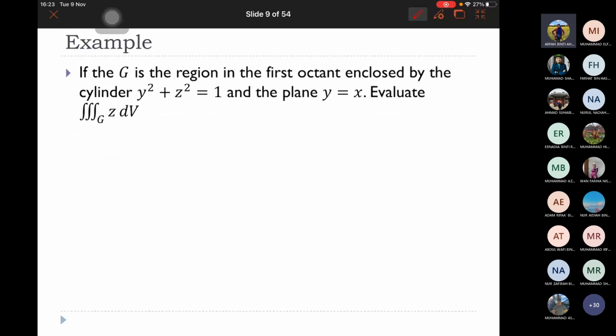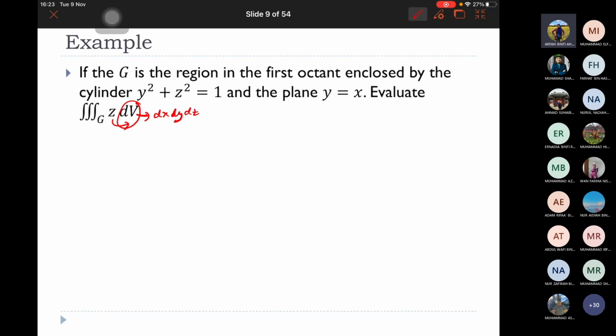If G is the region in the first octant enclosed by the cylinder, y squared plus z squared sama dengan 1 and the plane y sama dengan x. Evaluate the integration over the bounded region G of z dv. So ini adalah function yang dibagi z, dan dv ni kita kena tentukan dx, dy, dz.